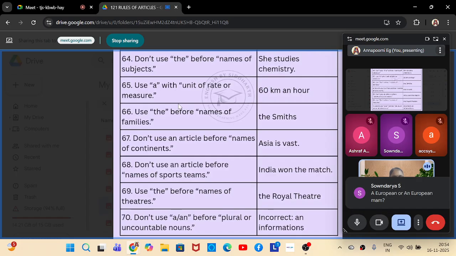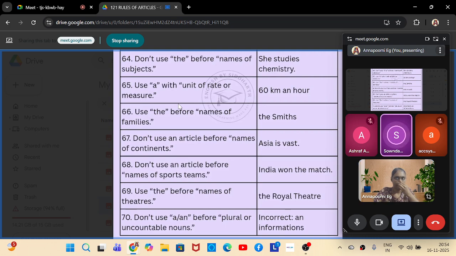The European or an European? European is a word that starts with a vowel letter. But what about its sound? Is it a vowel sound or a consonant sound? It's more likely a consonant sound. So, a European. If you're having a doubt, write it in Tamil and see.